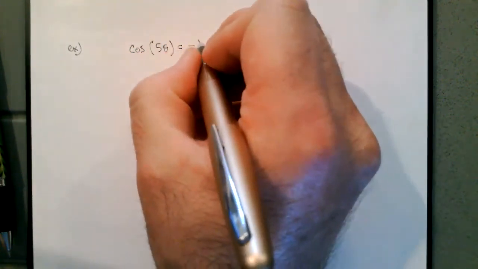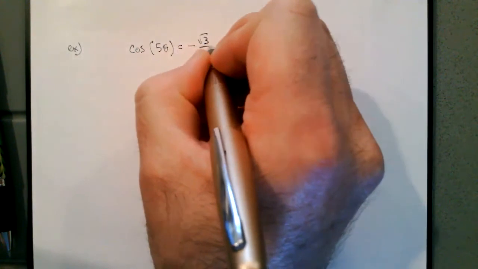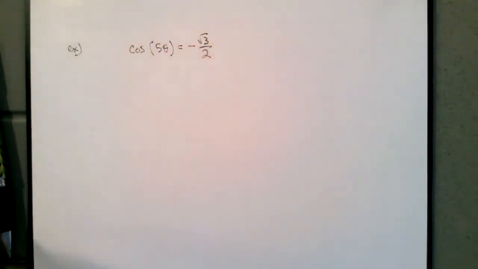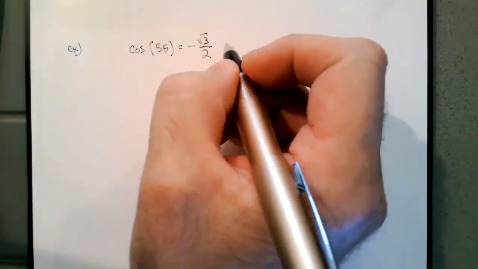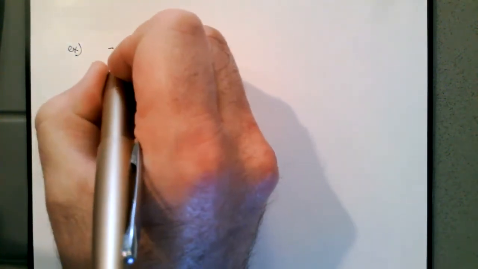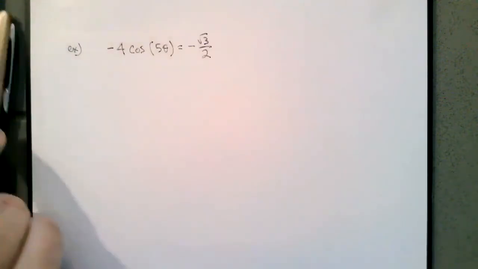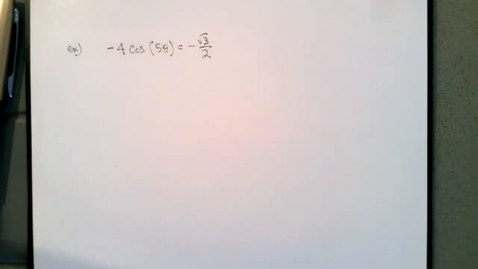And it's still going to be negative root 3 over 2. This one's going to be extra sneaky because what I'm going to do now is put something in front of the cosine. I'm going to multiply this whole thing by negative 4. So now there are more things that are happening to theta.